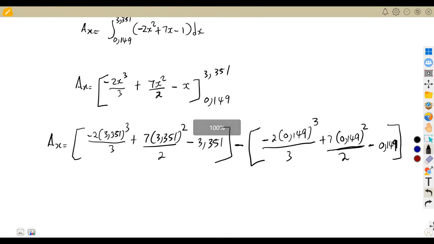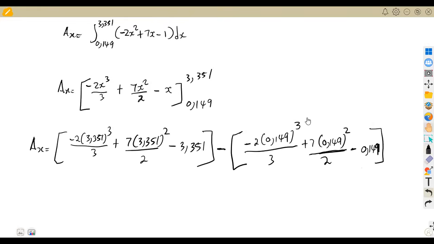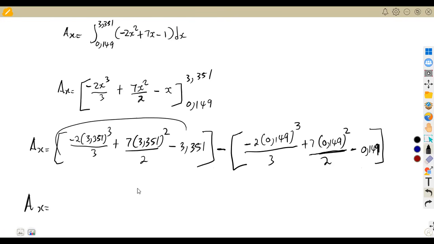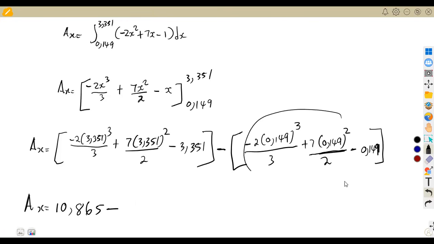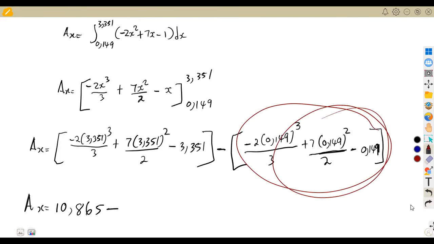You have the area that is going to correspond with respect to x. So if you simplify this properly on your calculator, guys, the first part here is going to be something like 10,865 minus, this was going to give us a negative value there. We're going to obtain a negative on this part.